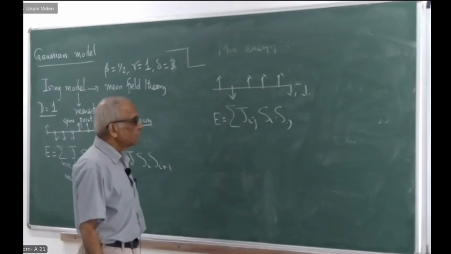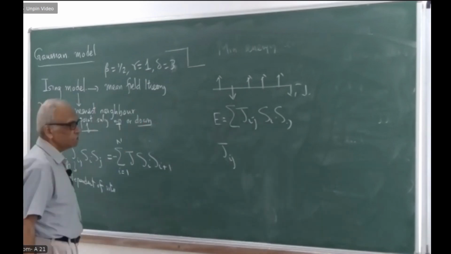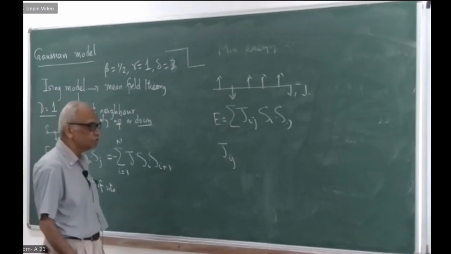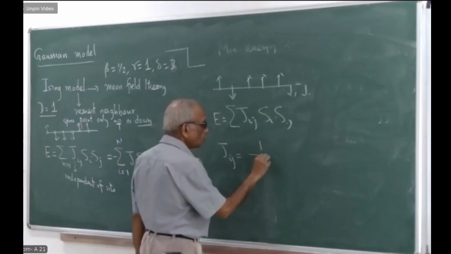What we had was that regardless of i and j, for all pairs of spins i and j, J_ij was a constant, and we restricted j to i plus 1. I'm now saying that S_j can be anywhere, J_ij is non-zero, except that it is equal to 1 over mod of i minus j raised to the power, let's say, alpha.